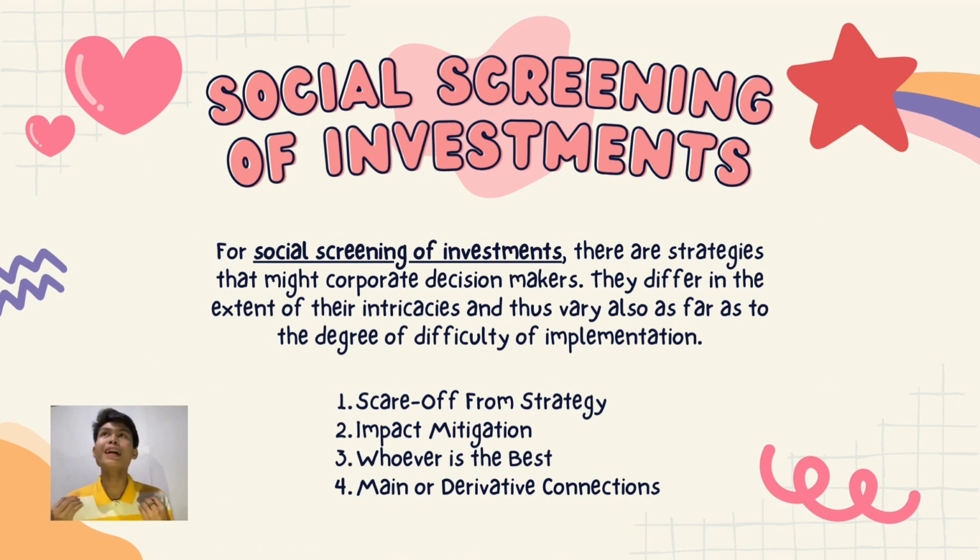So siguro yung pinaka-example na mabibigay ko dito is yung environmental awareness and best social practices like best records for the recruitment, training and promotion of women, and family-friendly practices. Actually, madami pa, pero yun yung mga nasa top tier lists na meron, according na rin sa material na binasa ko. And next, yung last but not the least, of course, is yung main or derivative connections.